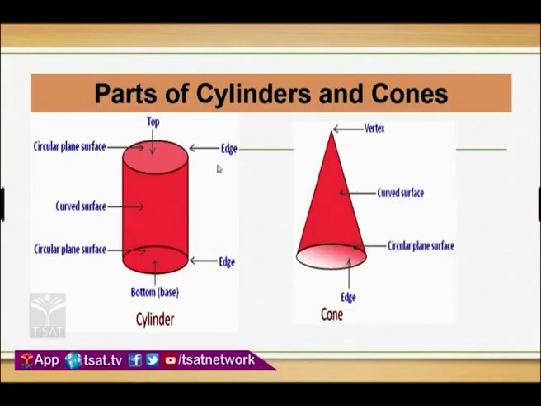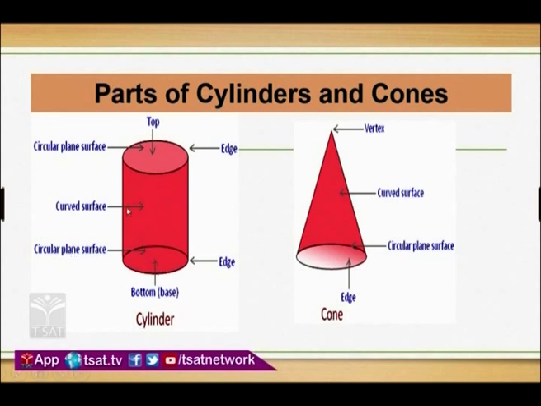Now, all of you look at the image. If you see the cylindrical image, here I mentioned top. Top is in the shape of what? Circle. So, a circular plane surface. Top and bottom both are in the shape of a circle, so both the bases we call circular plane surfaces.